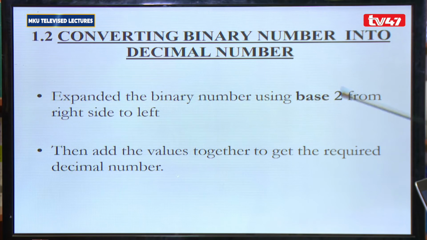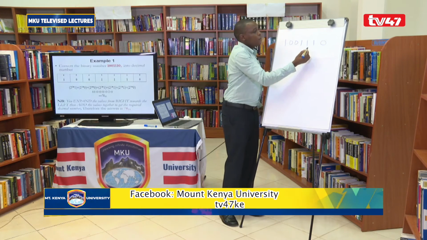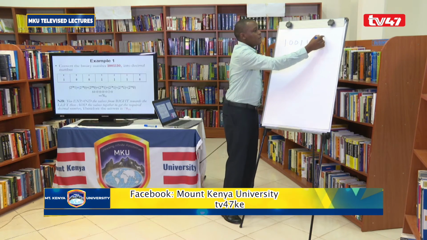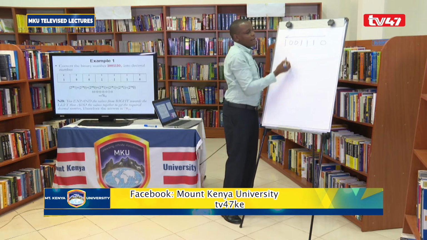What do we mean by that? You have a binary number like this one, 11110. You can represent it here, 1, 1, 1, 1, and then 0. So you expand them using base 2 from the right side towards the left.